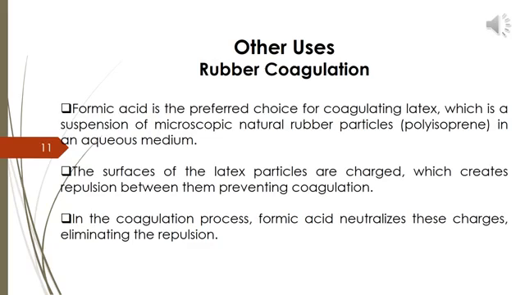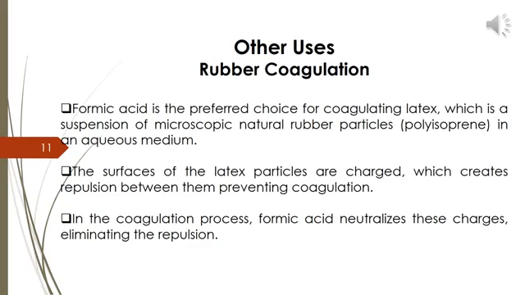Now how is it helping in the coagulation of the latex? The natural rubber particles, polyisoprene particles, which are in the aqueous medium, are microscopic natural rubber particles. They make a suspension in the aqueous medium. Their surfaces are charged, and as they are charged, they create repulsion between them, and that repulsion actually prevents the coagulation.